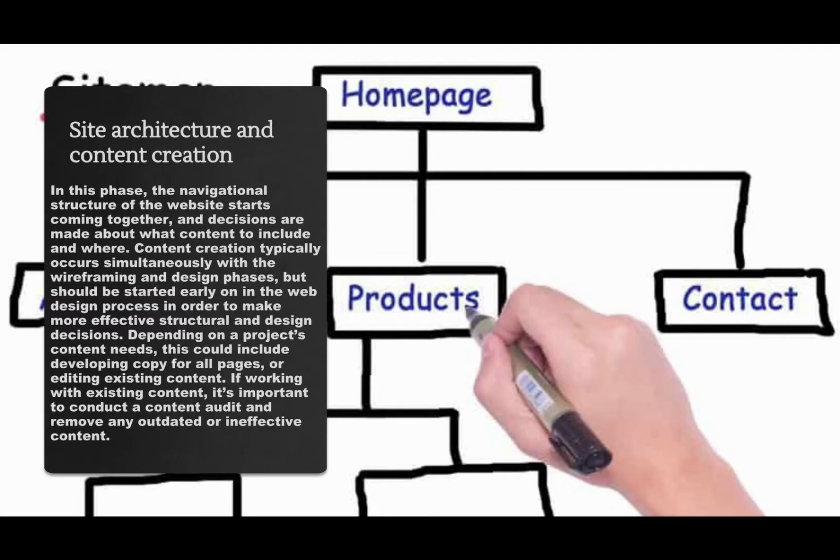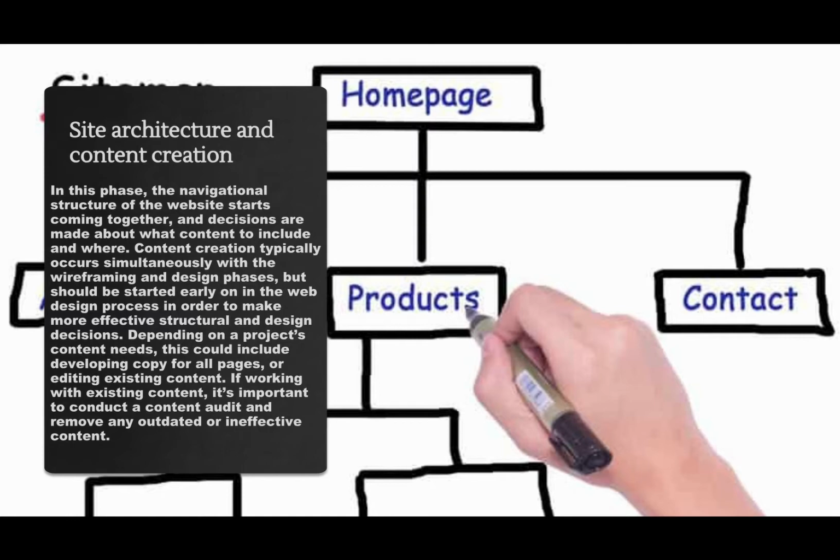The next is the site architecture and content creation. This phase is a lot of coming together and making decisions about the pages you'd want inside the site, how these pages should connect, a lot with a site map and the process of building that site map, and also understanding the content needs inside each page.